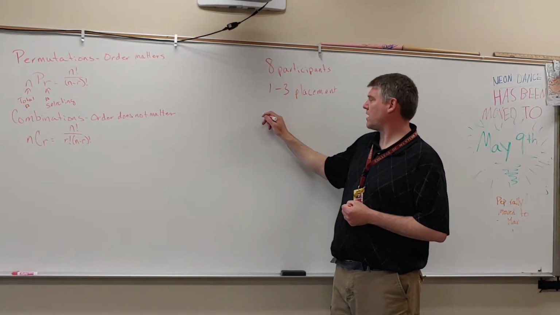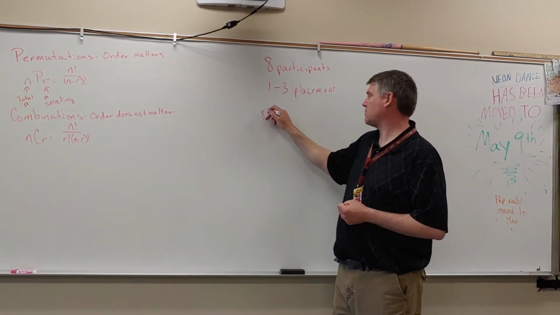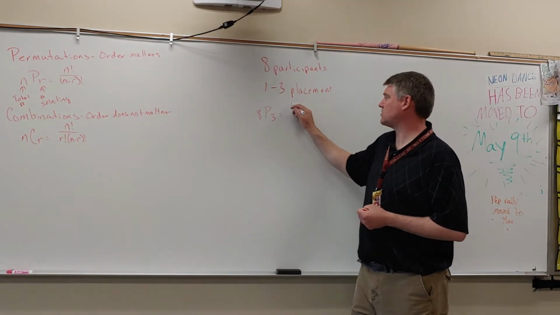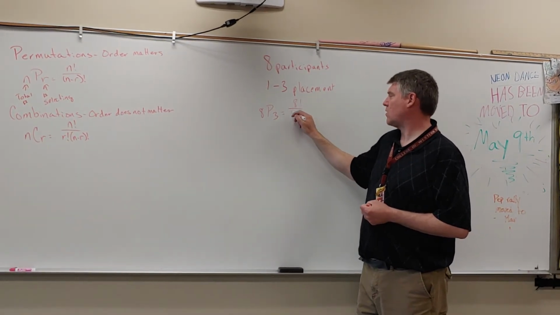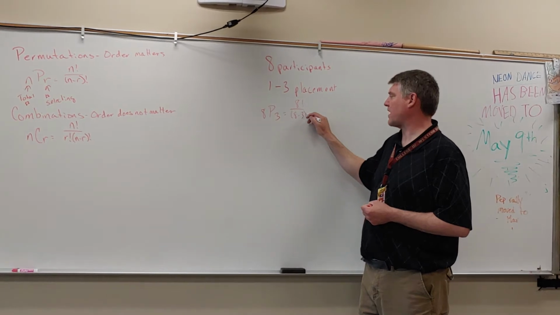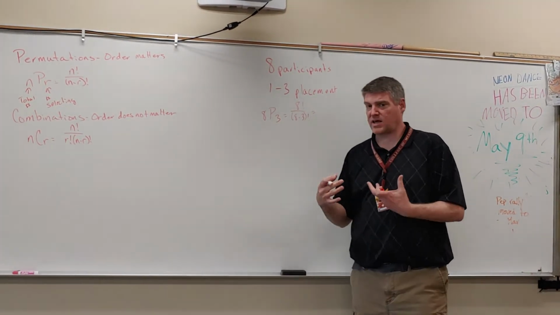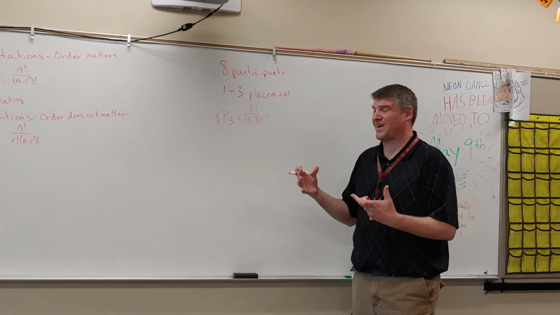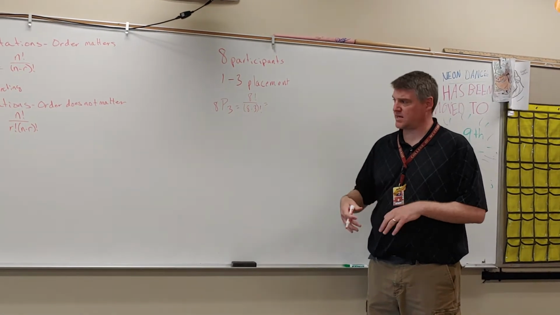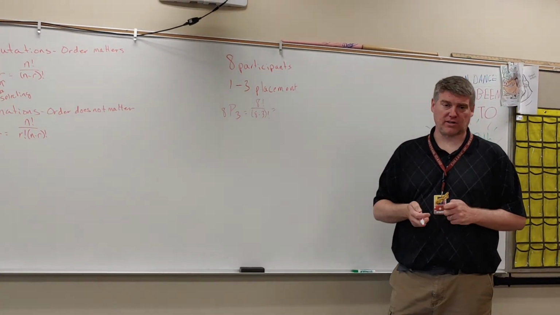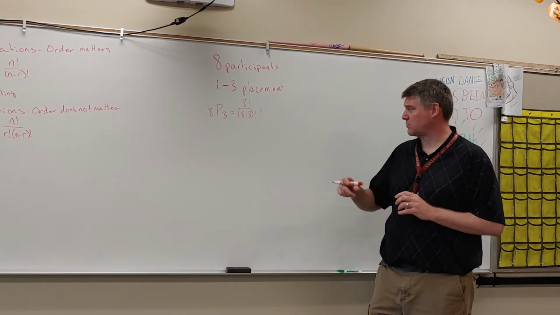What I'd have here is 8P3, and this would be 8 factorial over 8 minus 3 factorial. I'm going to show you the algebra behind it so we can see it, and then I'm going to show you how to do it on your calculator, because it's considerably quicker.